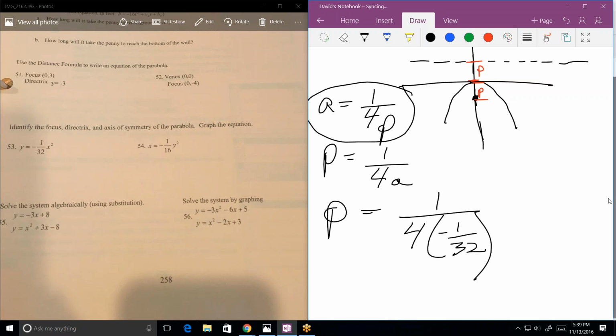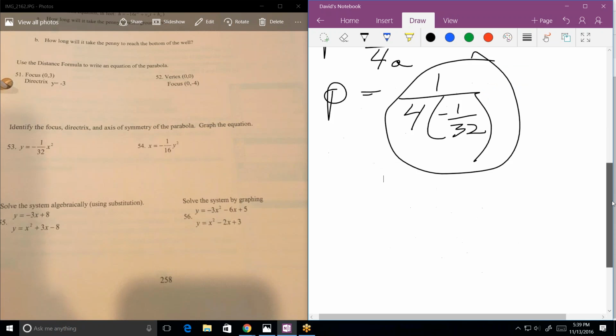This is the reason I don't particularly like this general format, because a lot of people have trouble solving that. If they wrote it in the newer format, you don't end up having a fraction in the denominator. As long as you're working in your format, you've got to know how to do this.